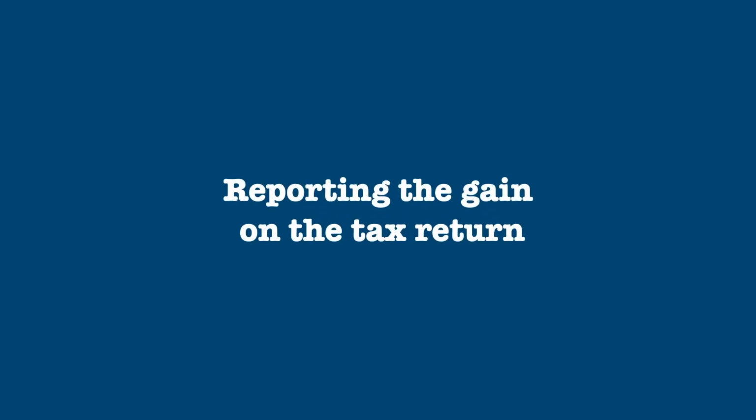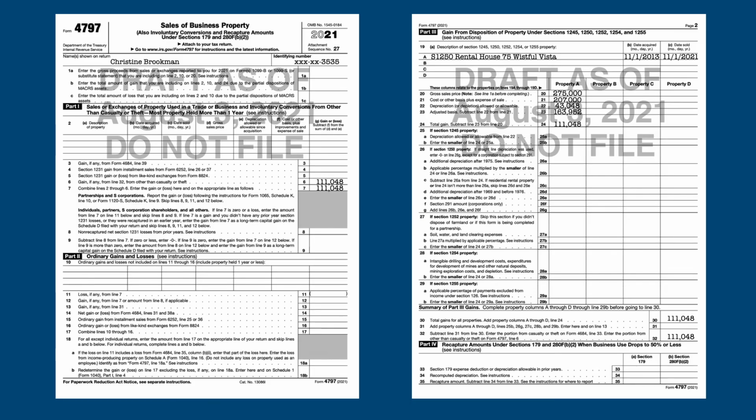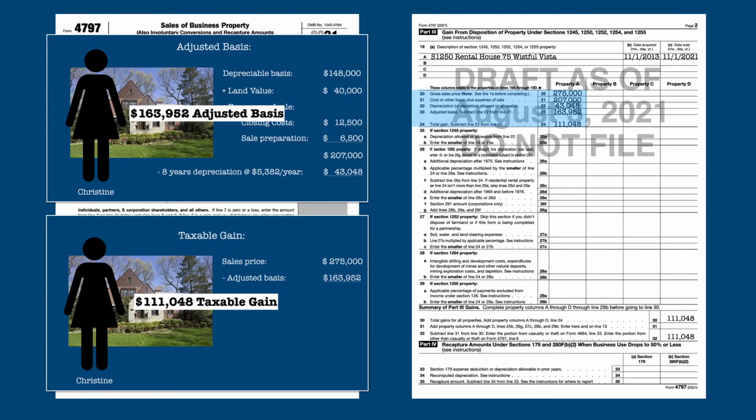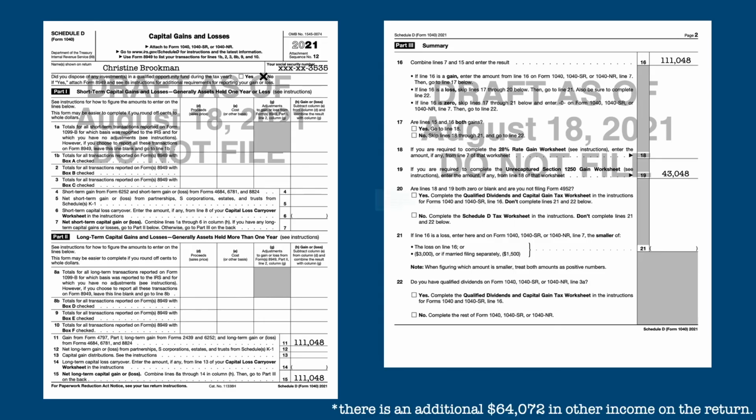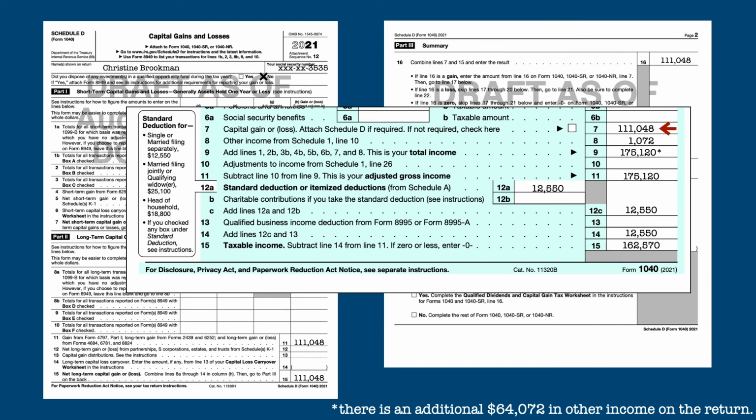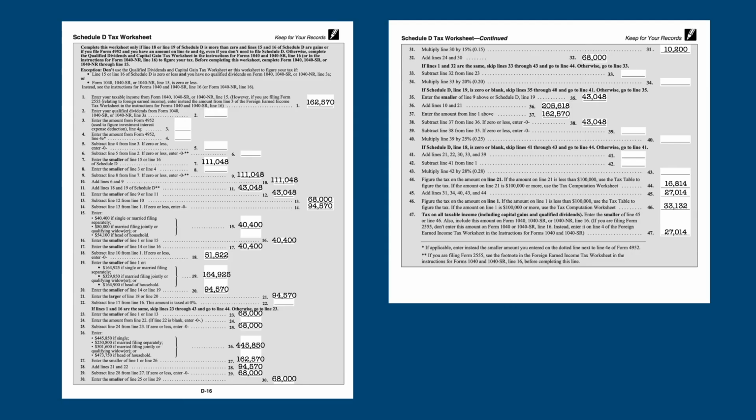So how is all this reported on the tax return? The sale is reported on Part 3 of Form 4797, where we see familiar figures from earlier, including the sales price, cost basis, depreciation, and total gain. The gain also shows up on this Schedule D and line 7 of Christine's 1040. The tax itself is calculated on this 2-page worksheet.